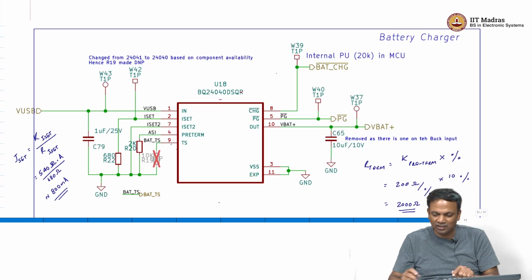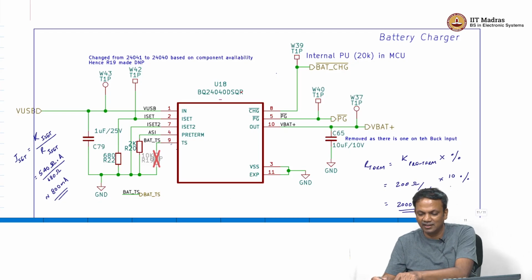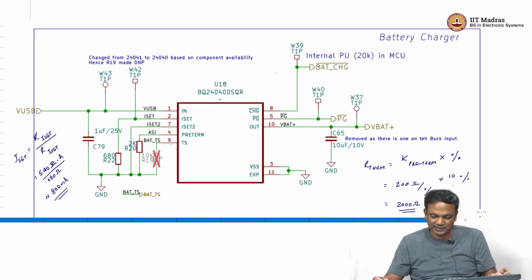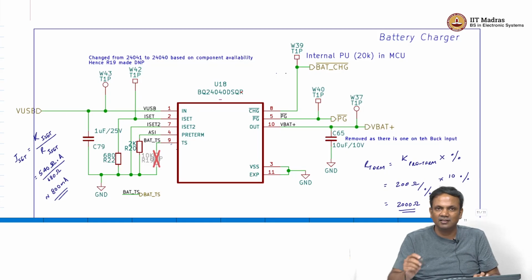We have determined our termination current, which is now 10% of fast charge. So, if fast charge current is 800 milliamp, when the current into the battery comes down to 80 milliamp, termination happens and the charging done indication will go high.